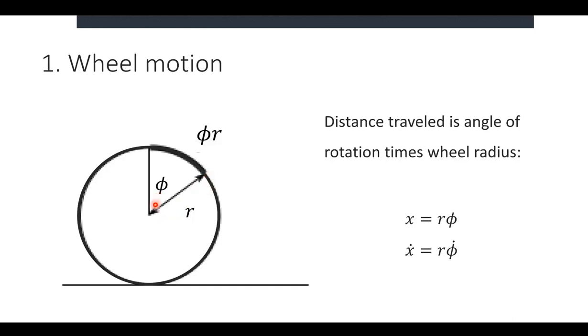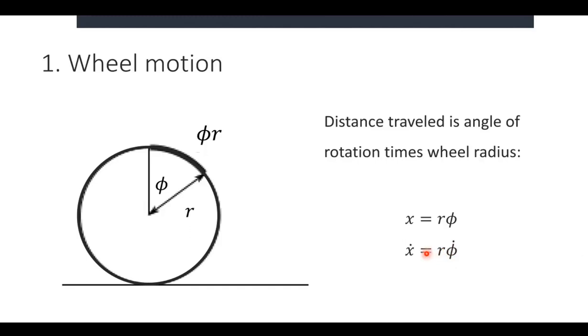Lowercase r is not changing; in our case, we're going to assume that our wheels don't change over the course of operation. And phi is something that I get to control, from my set position or even set velocity. So we're going to say that the displacement of the wheel, x, is equal to the product of those two things: the radius multiplied by the change in angle.